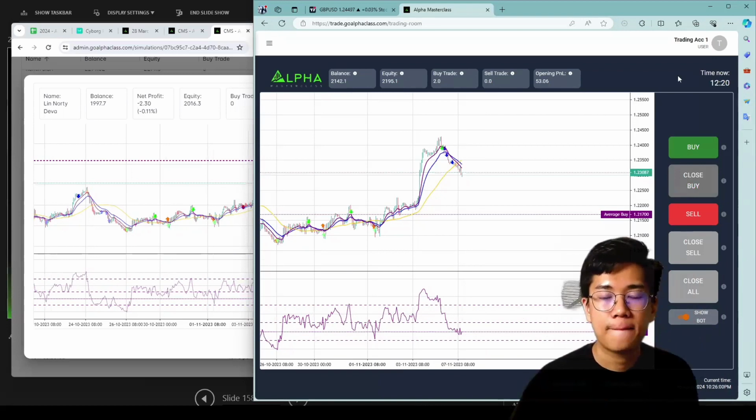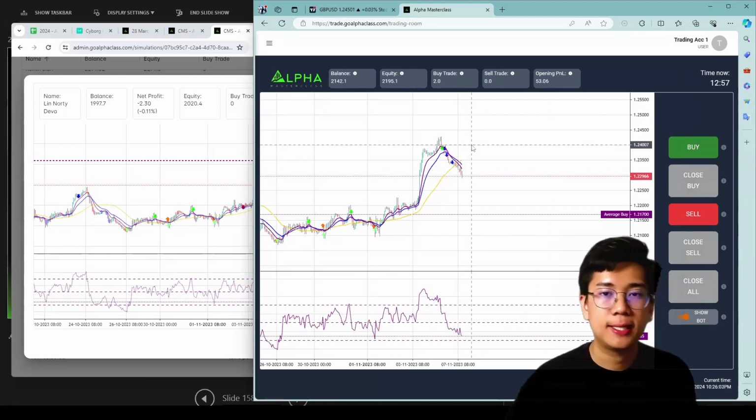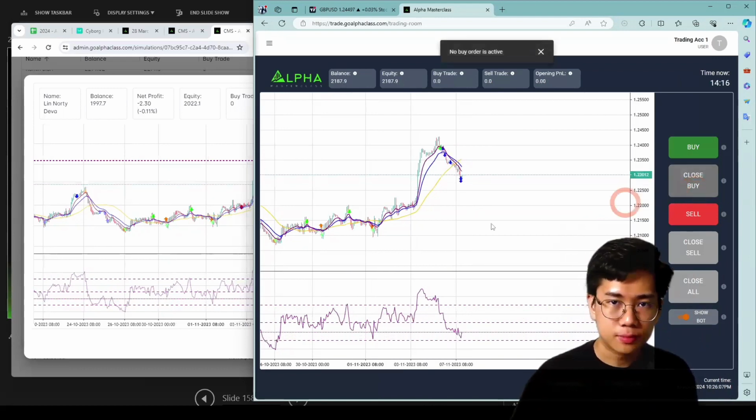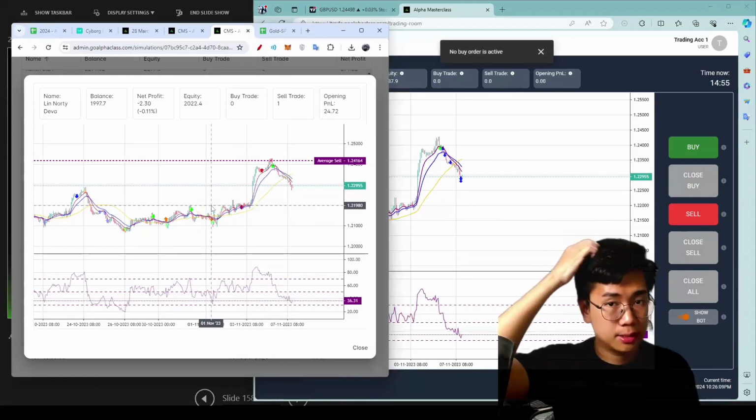Okay, so in this scenario, the price has crossed below already. It doesn't sense like something good, so I choose to close all of my buy trades.